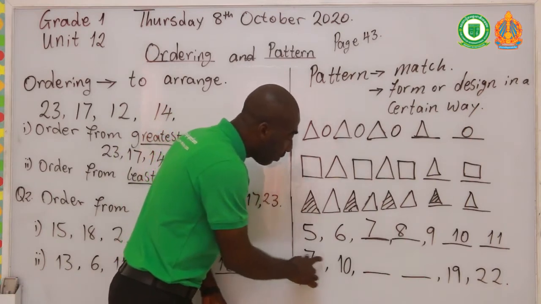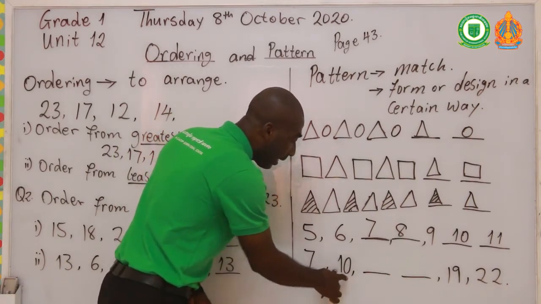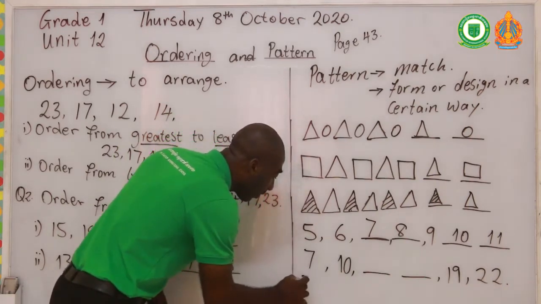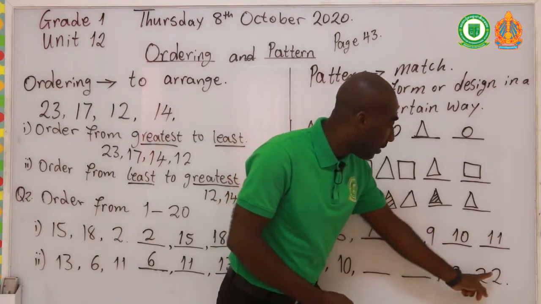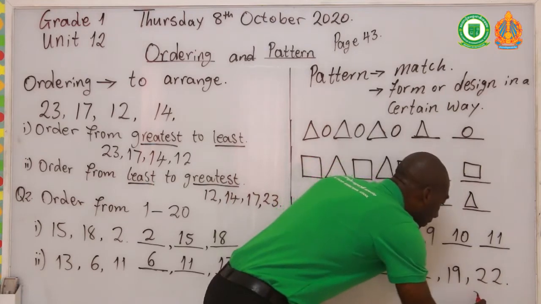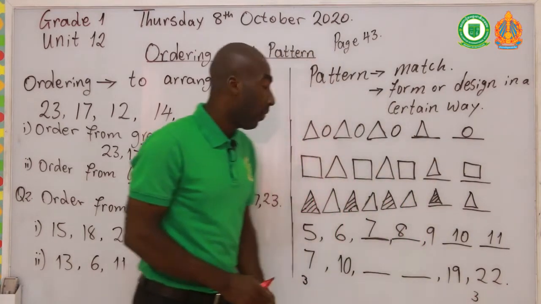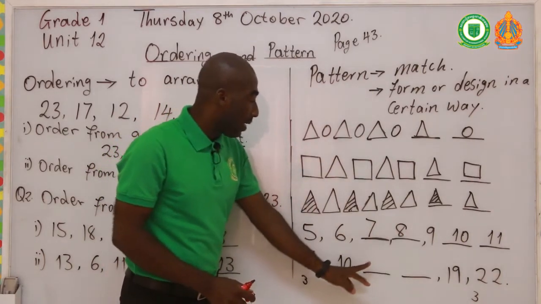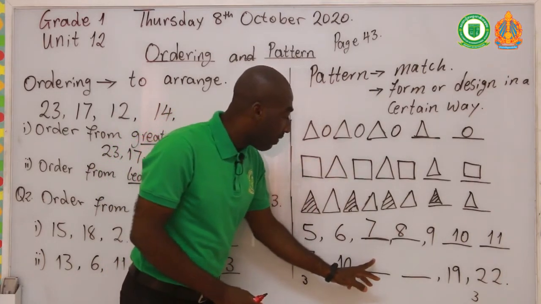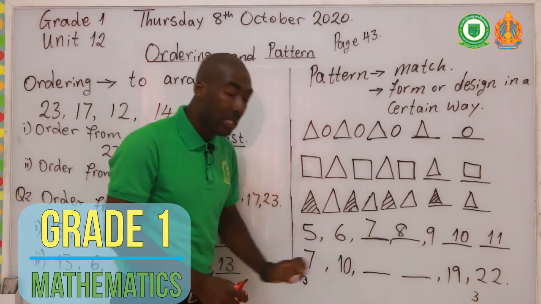So the difference between 7 and 10 will give us 3. And then the difference between 19 and 22 will also give us 3. Okay, so that is the difference. That means any number that we put here should have a difference of 3 with 10.